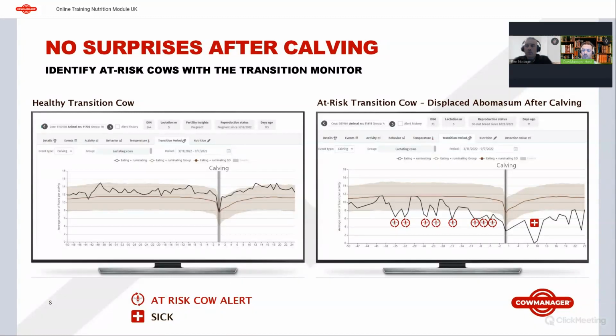So those lower rank animals are being bullied, chased, and pushed away from the feed or their cubicle or wherever they want to lie down.